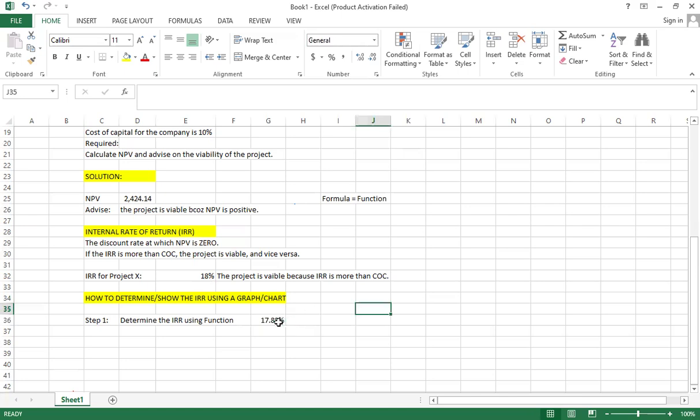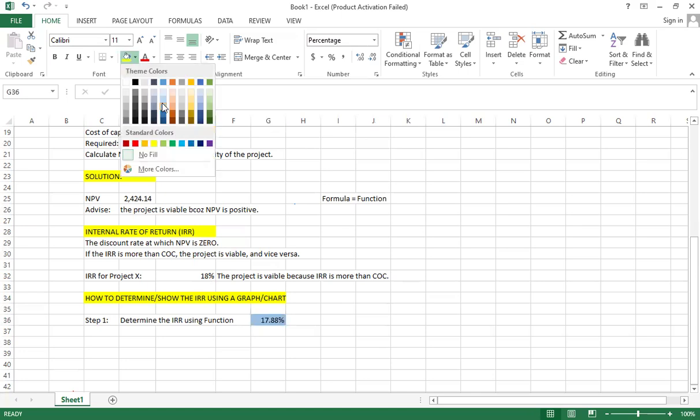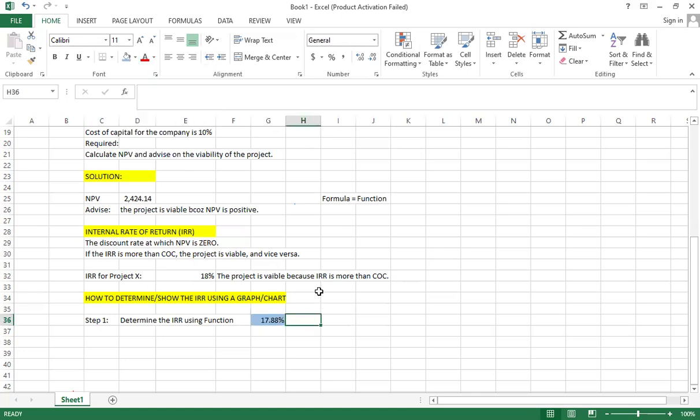You know the exact percentage is actually 17.88. So Excel has a behavior of rounding off these things. Because this is 17 point more than 5, it's rounded up, and we therefore have 18. That's what we computed before.